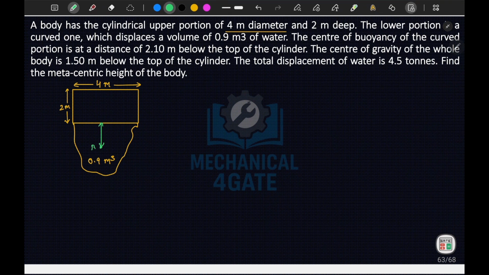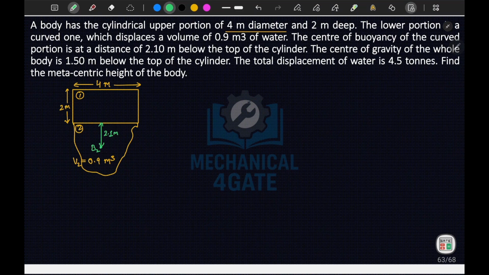Okay, so this is b2. b2 is at your 2.1 meter. Let's say this is your body 1 and this is the body 2. Okay, so this is your v2.